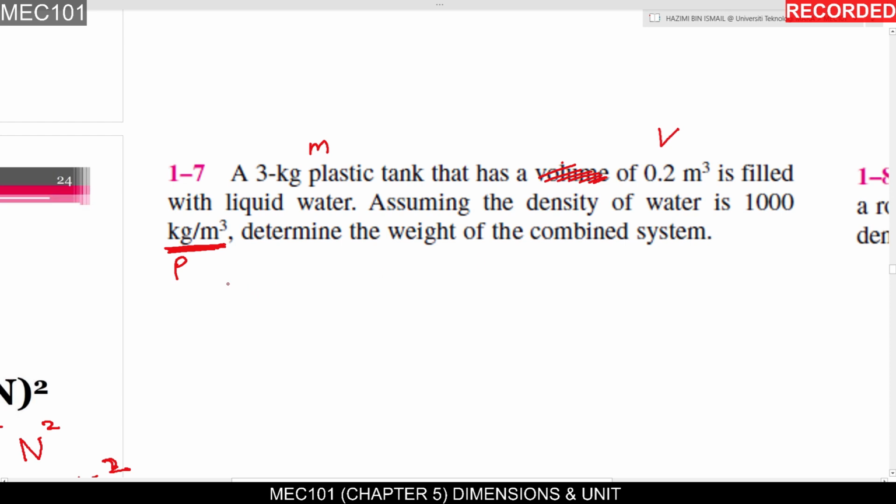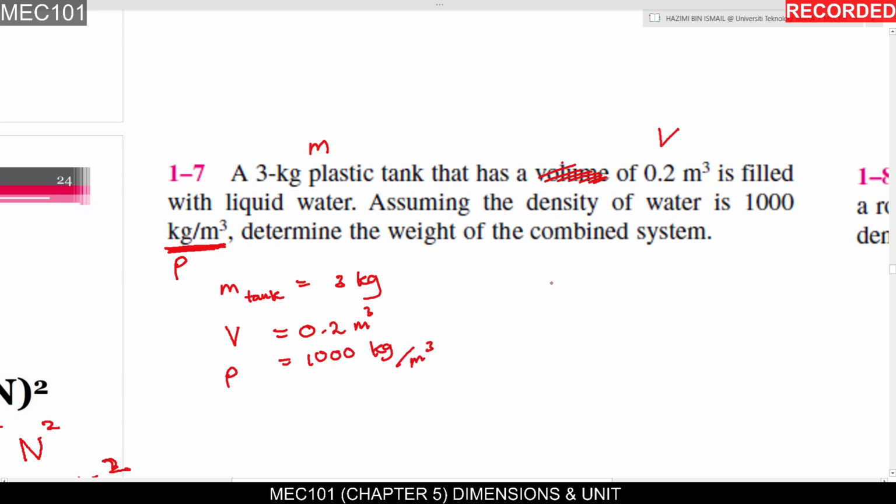Now I list down the values I know from the question. I have the mass of the tank, M tank, which is 3 kilogram. I know the volume of the tank, 0.2 meter cube. I also know the density of the water is 1000 kilogram per meter cube.